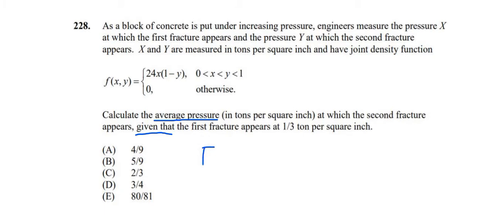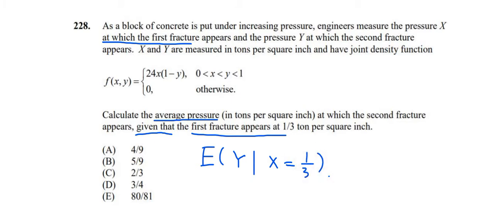Let's say x is the first one and y is the second one, since the first fraction appears first. So we need to find the average of y given x equals 1/3.